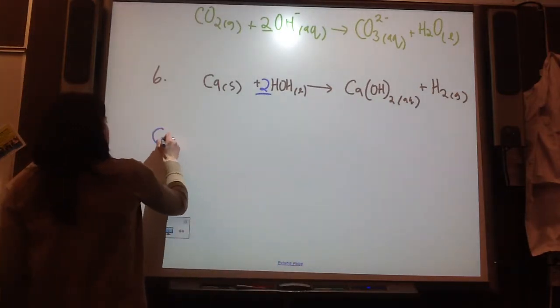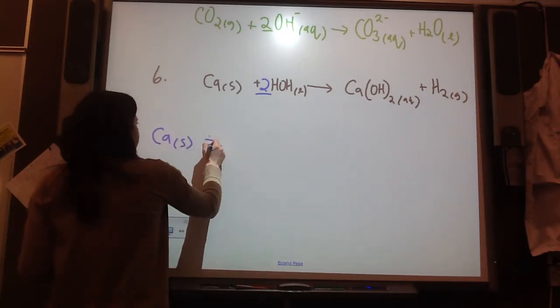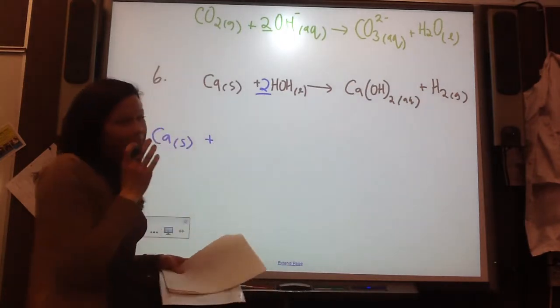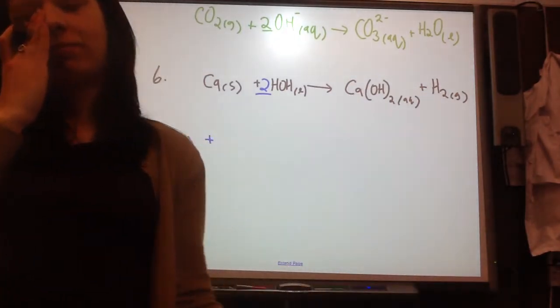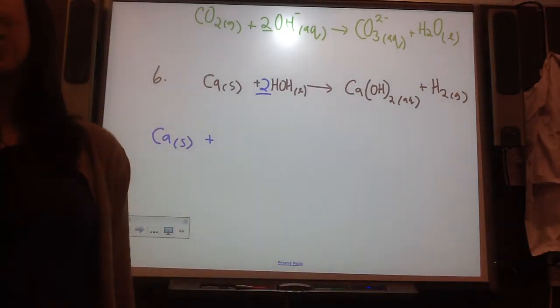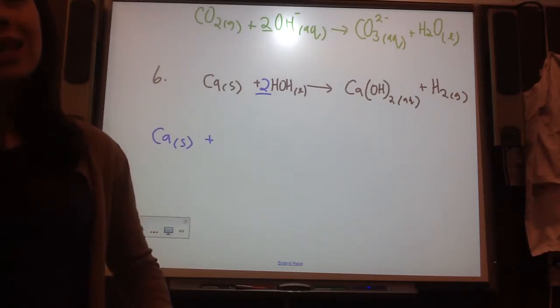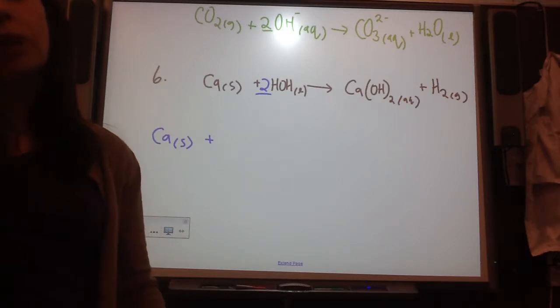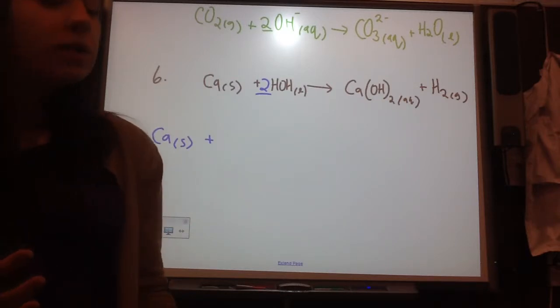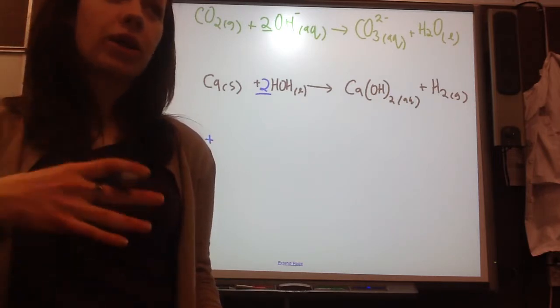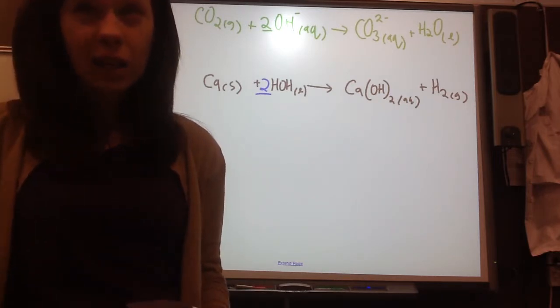Okay, so now we have our calcium solid. We have our water. Now, you know how I said we leave water alone because it's a molecular compound? Since it behaved as an ionic compound, we're going to break it up. It was involved in a single replacement reaction, so it behaved ionically.